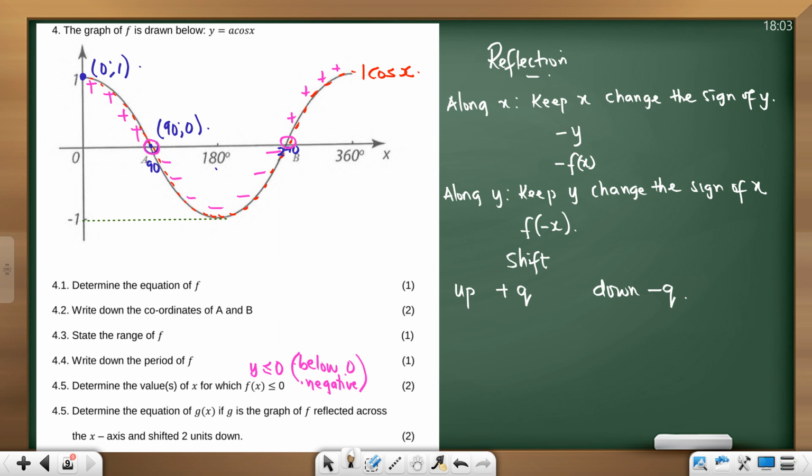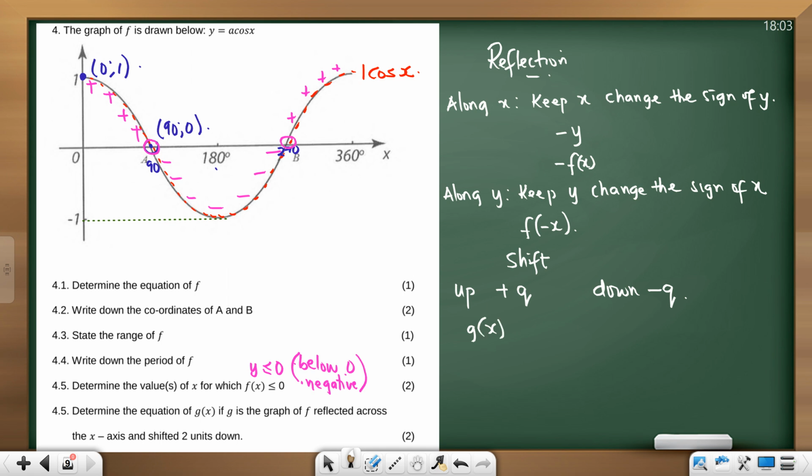Now, what's the answer to this? They said f is reflected along the x and shifted. Check. If it's reflected along the x, it means we keep the x and change the y. Negative f of x. And shifted down 2 units, minus 2. I hope this makes sense. Let me re-explain.